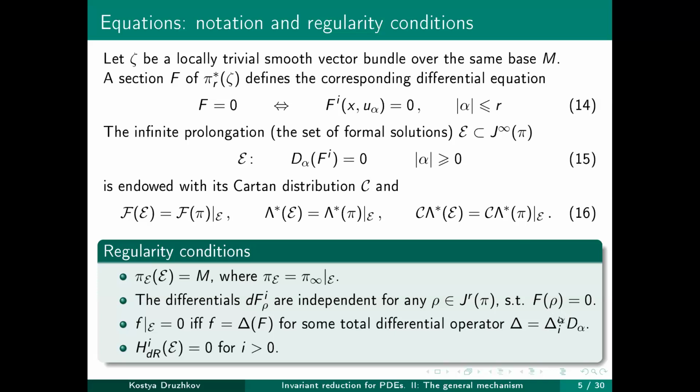Of course, there are some requirements on its components. They are functions of local coordinates, but they must be functions that can depend only on derivatives up to some finite order, the same for all adapted coordinate systems. So this is the main regularity condition actually for us.